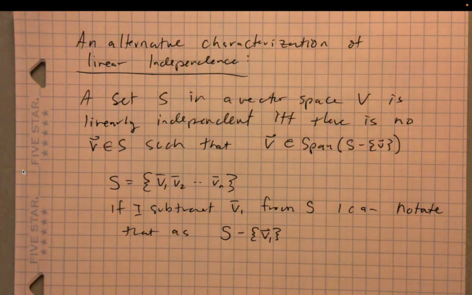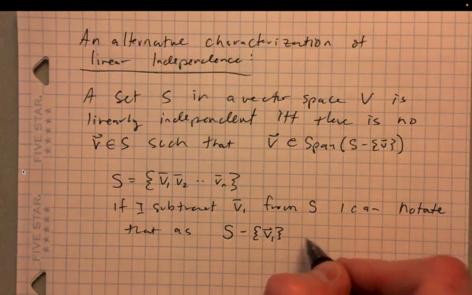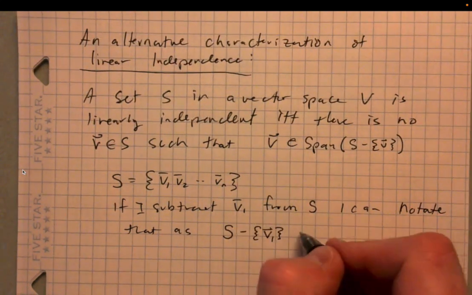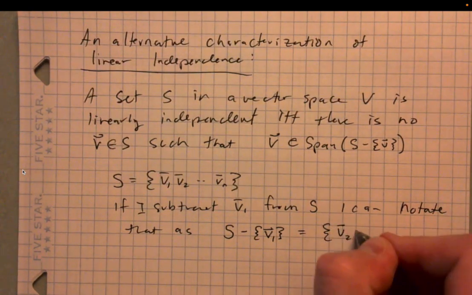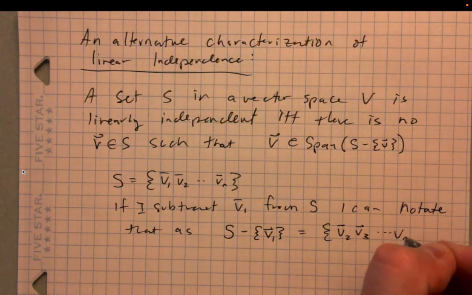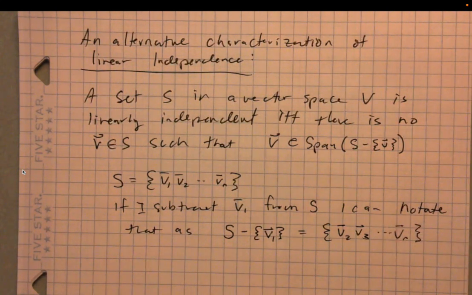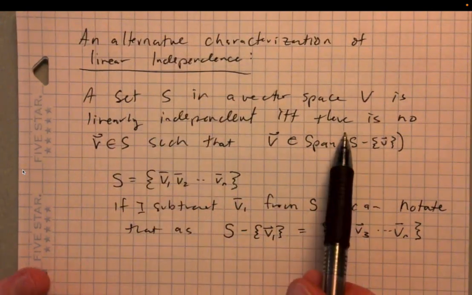If I remove V1 from S, this is one way to notate that. And that basically is just V2, V3, dot, dot, dot, Vn. Just basically take that one element out. This is just notation. So what is this definition saying then?